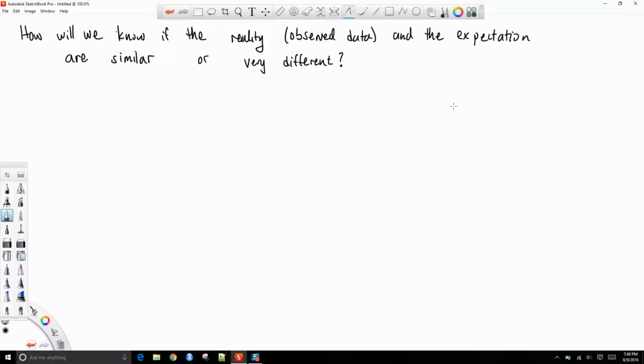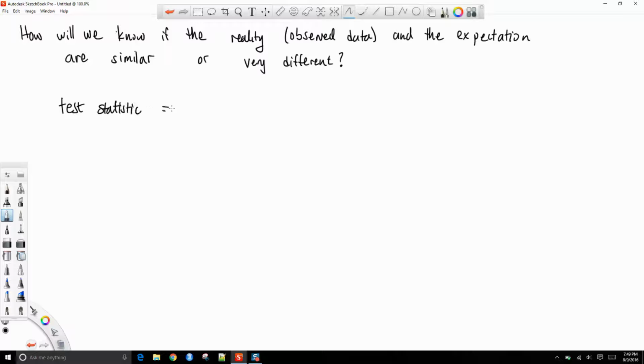And so what we're going to do is have values assigned to all of these things, and we're going to compare the difference. We're going to be able to measure the actual difference between the data and the expectation, okay? And we will compare that difference, and we're going to divide that by the standard error. And we're going to see how many standard errors we are different, okay? So we're going to get something called a test statistic.